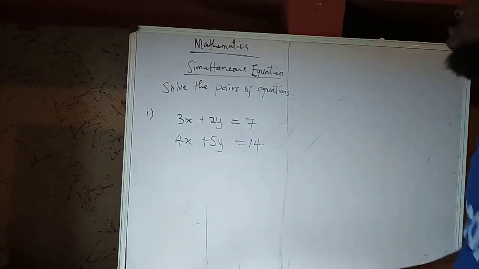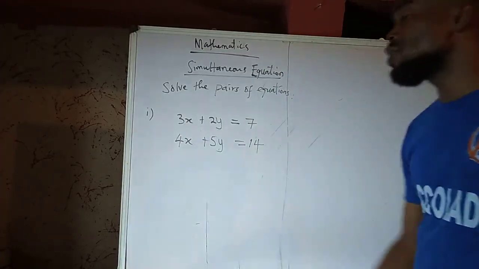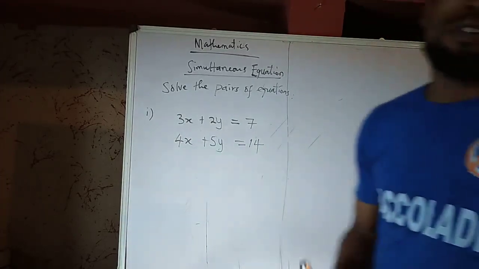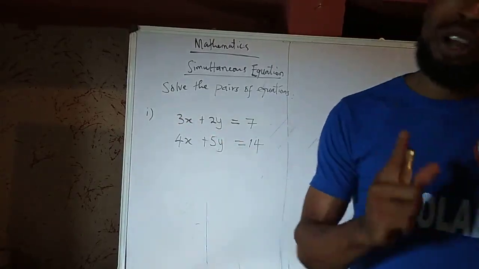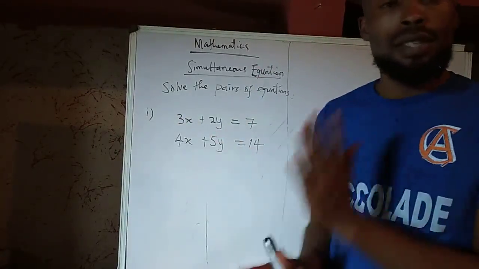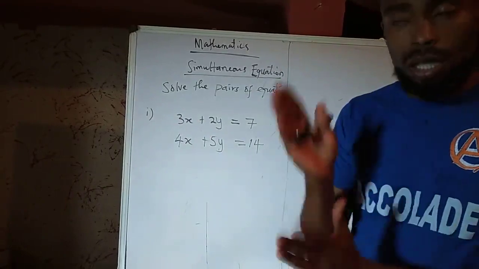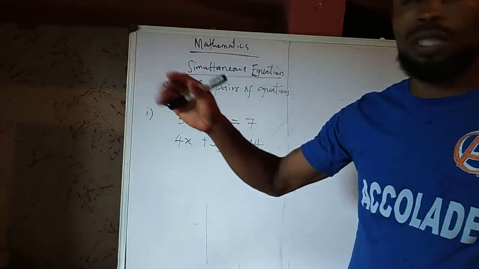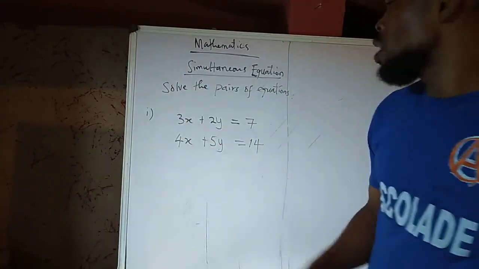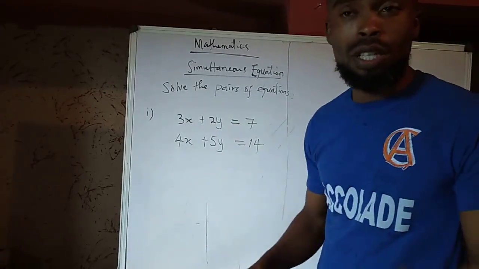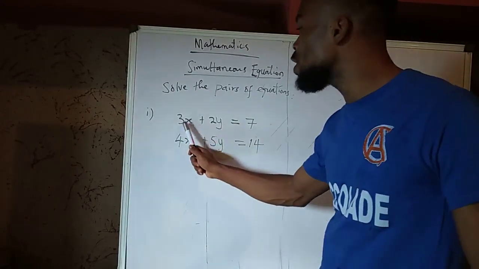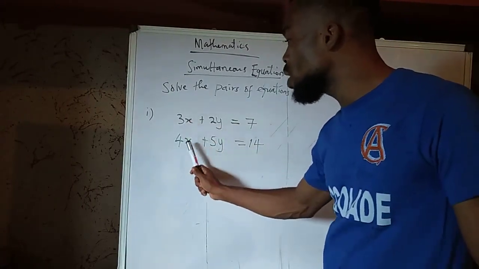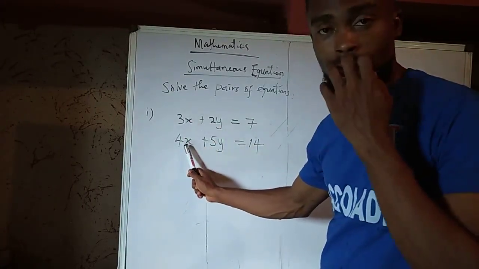Now we are going to do that. So how do we go about using the elimination method? For us to use the elimination method, the coefficients of one variable must be the same in both equations. This is not the first time I'm saying this, right? The coefficients of x here must be the same with that of x here.